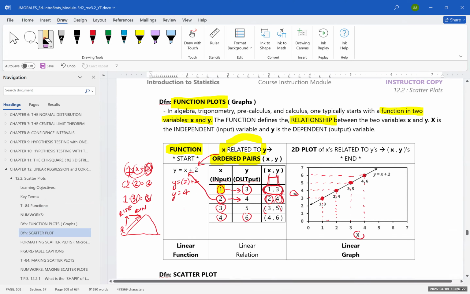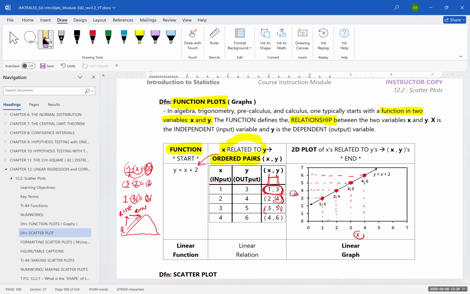And this is a very common thing that you see in algebra. All right. And these ordered pairs follow the same line that we sketched earlier just by looking at the function itself and graphing it with some tricks that we know.